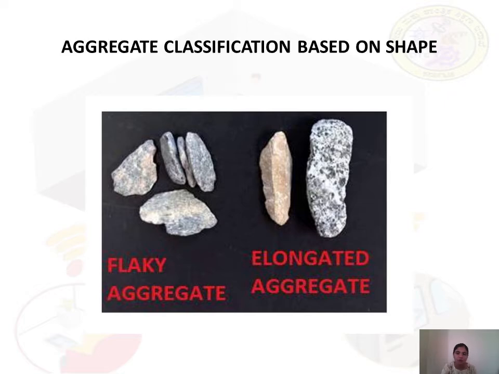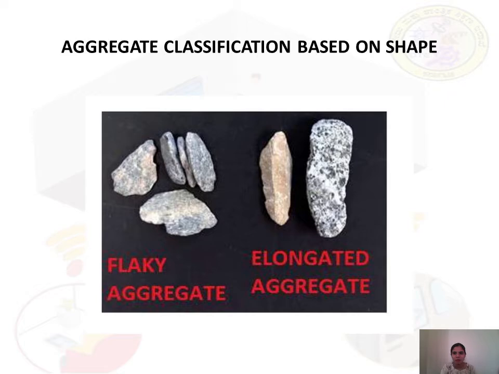Flaky aggregates are defined as those whose least lateral dimension is less than 0.6 times the mean dimension. You can see the sketch here.